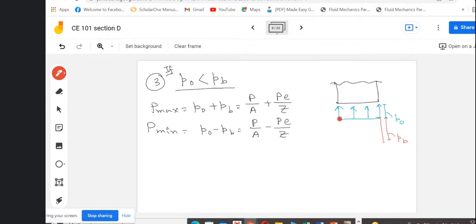Similarly, this portion will get reduced. Now, if we join these two portions, it will be a straight line. So here, what will happen basically?